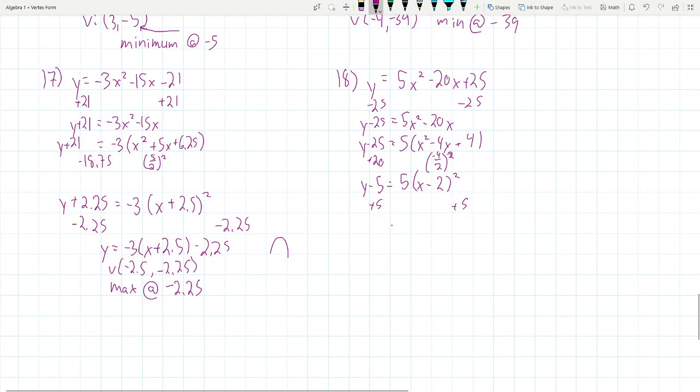Add 5 to both sides, and you get y equals 5 times x minus 2 squared plus 5. So my vertex is at positive 2, comma 5. And so my graph is upright, so it's a minimum at 5.